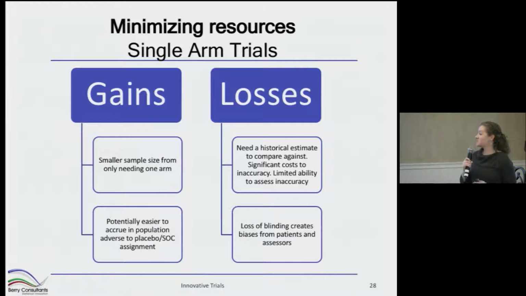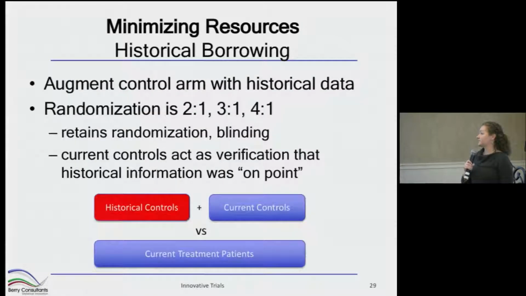We've lost blinding. And because of that, we can see some biases, both from the patients, they know they're receiving the experimental treatment, and also from their assessors, their clinicians, who also know that these are the patients that received experimental therapy. So we lose that randomization, we lose the blinding, and because of that, we start to see biases.